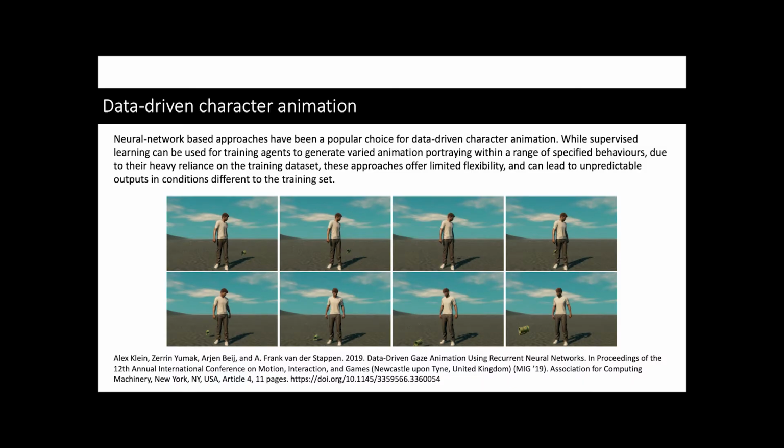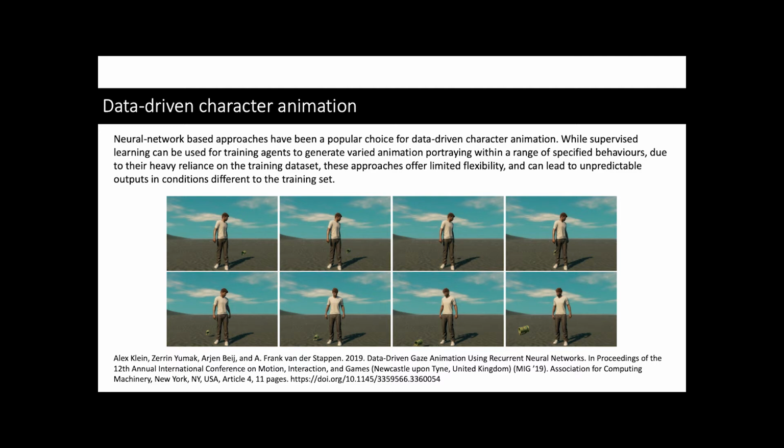Virtual character animation control is a problem domain of great interest because engaging, realistic virtual characters can be a very effective medium of interaction in games and a number of applications. In early work where neural networks were applied for data-driven character animation, supervised learning was used to create agents to output a varied range of animations based on a collection of motion clips that were used as training data.